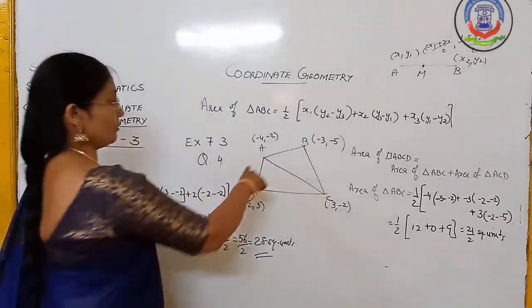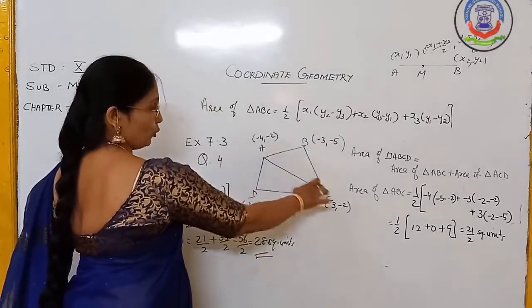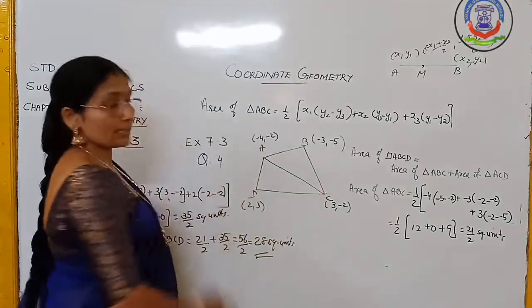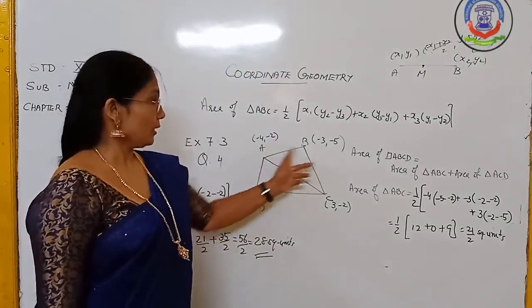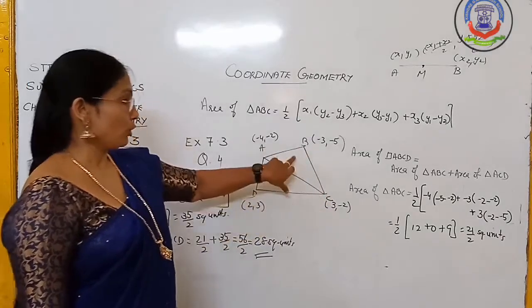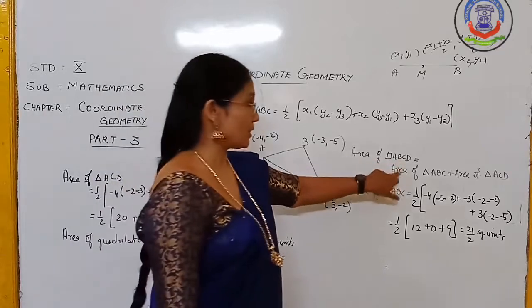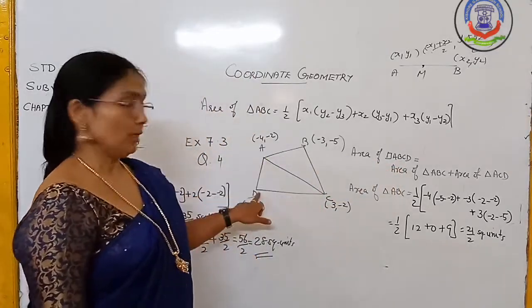Now you also know that if you draw this diagonal, the quadrilateral will be divided into 2 triangles. One is ABC, the other one is ACD. According to the addition of areas, the quadrilateral area will be equal to the sum of both these triangles' areas. That means area of quadrilateral ABCD is equal to area of triangle ABC plus area of triangle ACD.